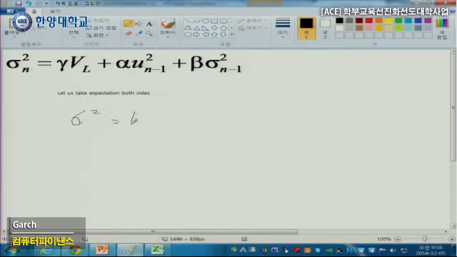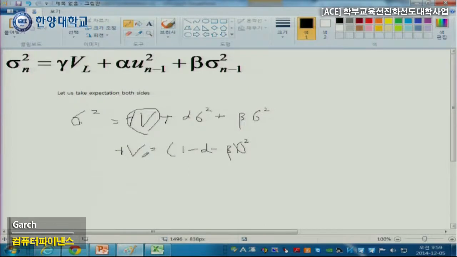And then gamma V plus, if we take expectation of this one, then it is again the variance, right? So alpha sigma square, and then beta sigma square, right? Then this one is something we have to estimate, but this one is actually 1 minus alpha minus beta sigma square, right?